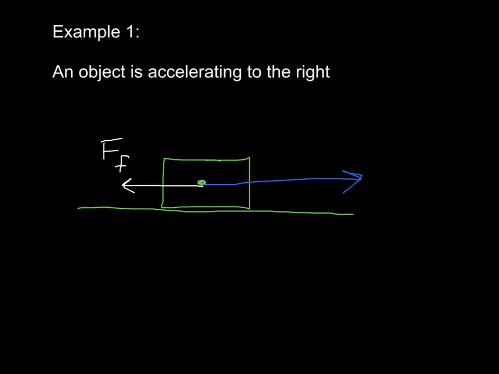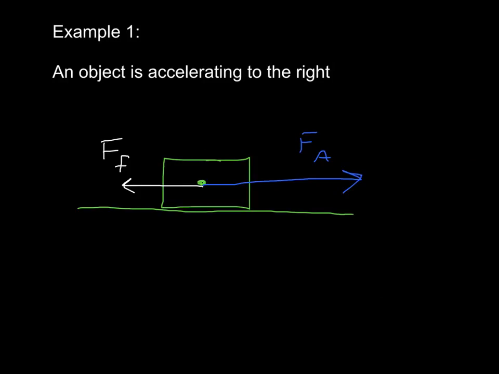We don't know. So the force to the right is probably just our general, all-purpose force, and that was force applied. For force applied, you can use the F-app that you saw earlier in the notes. If you want to be a little shorter, you can use capital F, capital A. That stands for force applied.